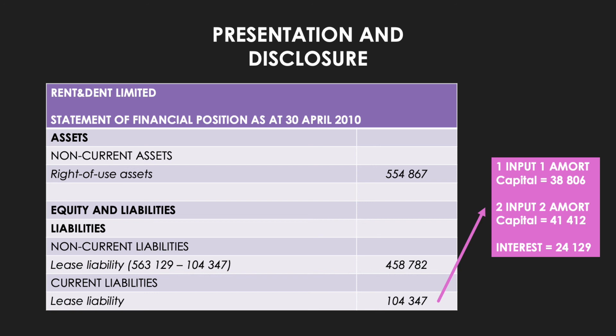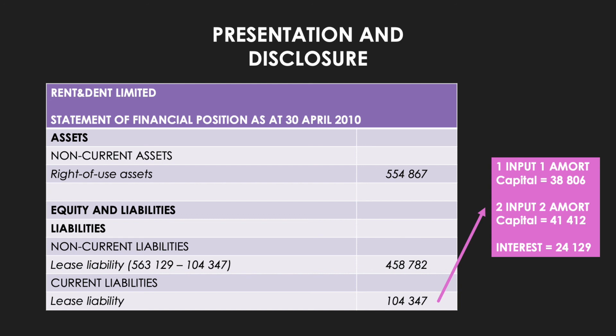Well, in my first lease payment that is to be made on the 30th of June 2010, 2 months after year end, I will need to repay capital of 38,806 Rand. Because it will be paid within 2 months after year end, it is a current liability. The same with the second payment.